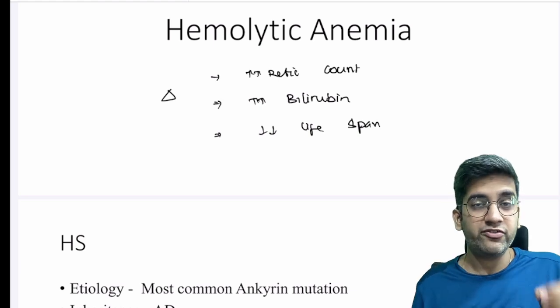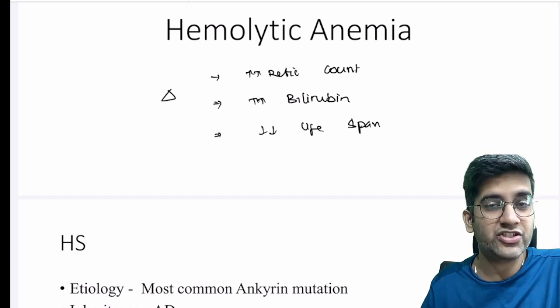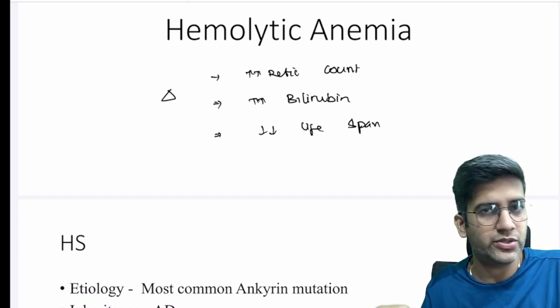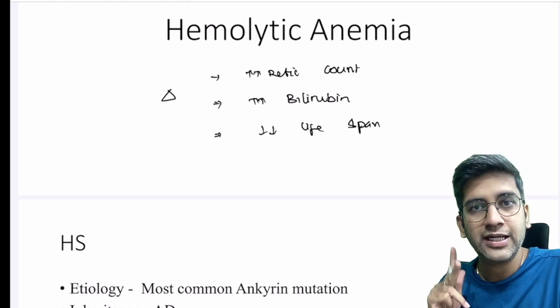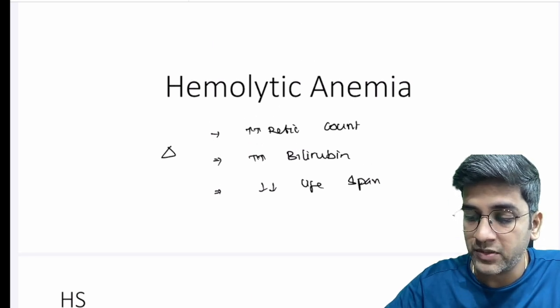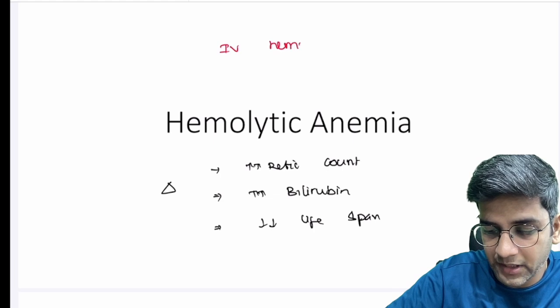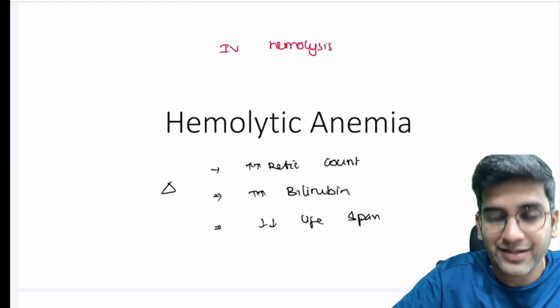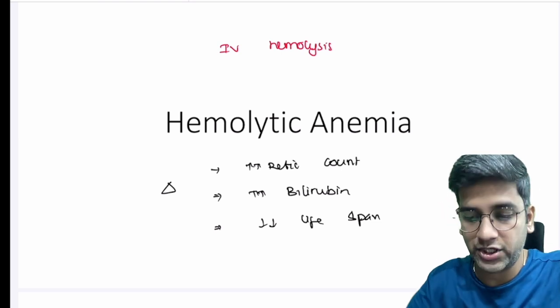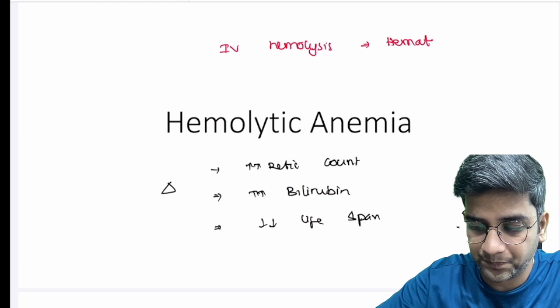So if I have to differentiate whether the hemolysis is happening inside the blood vessel, that's an intravascular hemolysis, versus outside the blood vessel, like in spleen, extravascular hemolysis, there are two classical clues which I want you to look for in every question, right? So if I say it's an intravascular hemolytic anemia, which means the blood lyses within the blood circulation, there will definitely be a feature of hemoglobinuria.